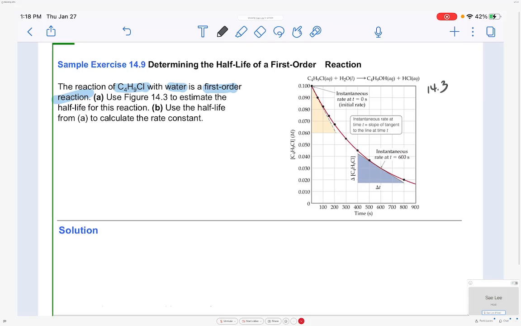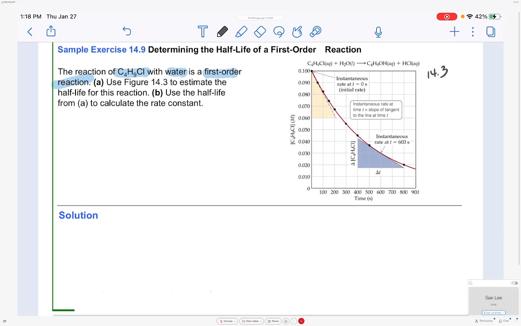From the graph, we see that the initial value is 0.1 mole. So this reaction started off with 0.1 mole.